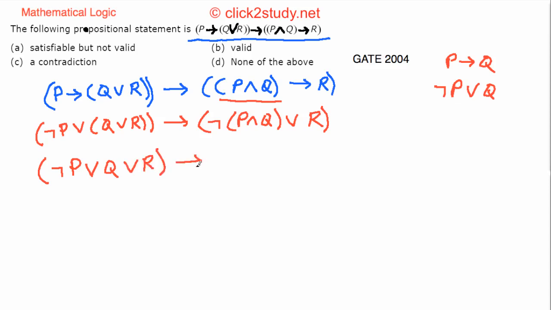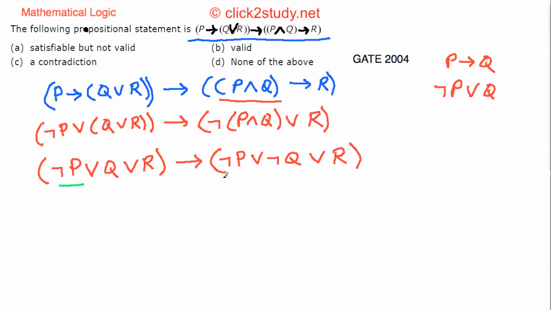Now I can open this one, and if I apply De Morgan's law, this becomes not P or not Q, and everything else remains the same, or R. That's what we have got so far, and I would like you to notice this.